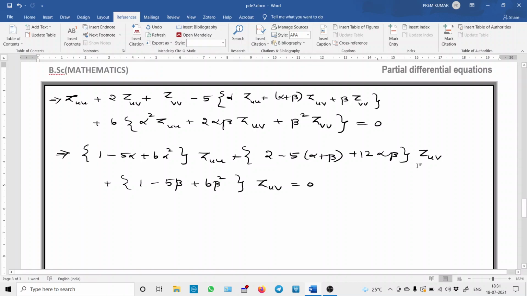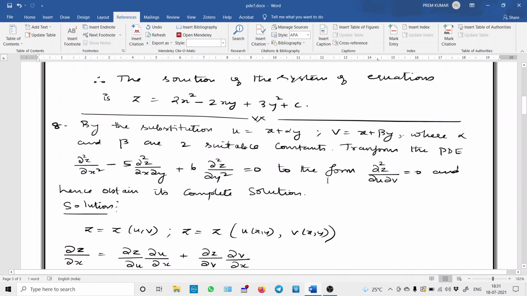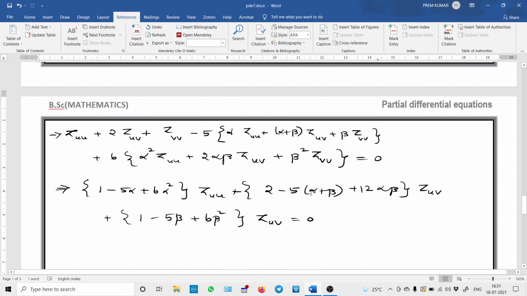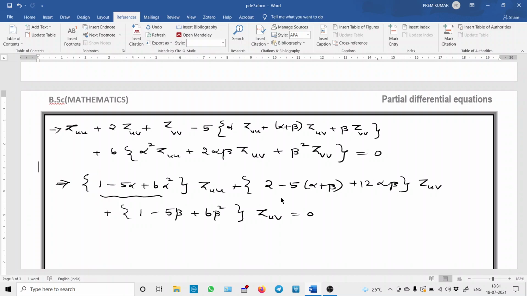Here I have to bring it to the format given in the problem. So only dou square Z by dou U dou V must be there and other terms must be 0. So when is it possible? We have to equate this: this is UU, this is VV, this is UV.